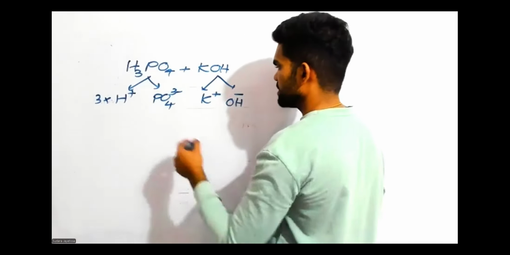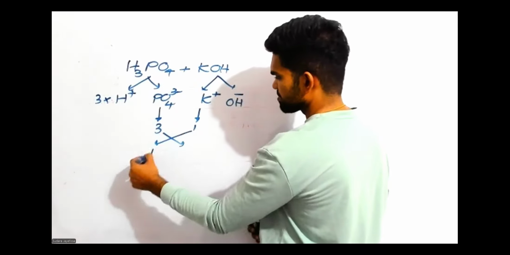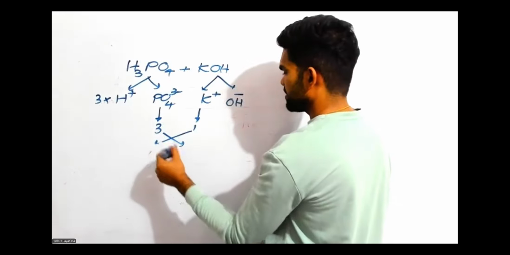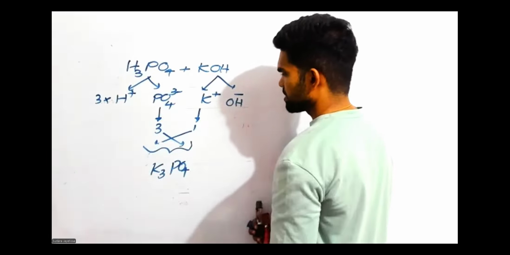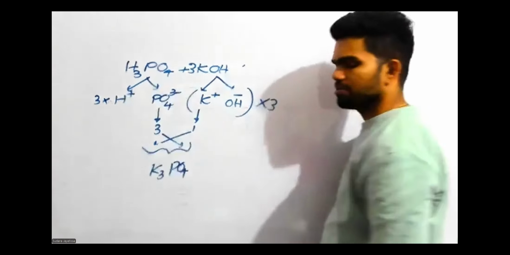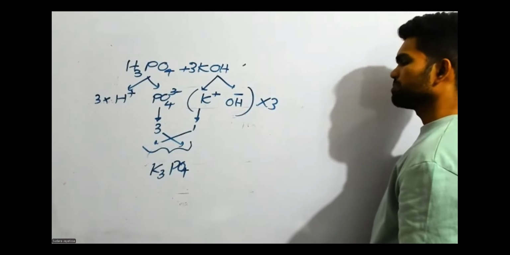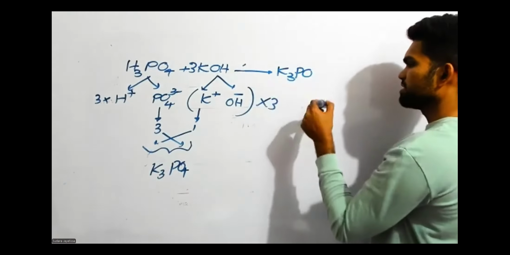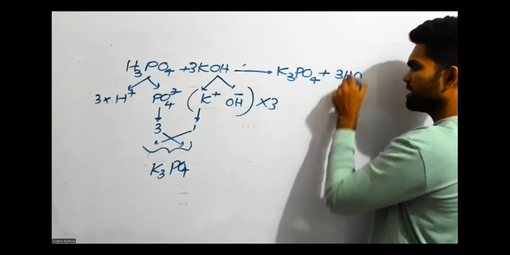Then you need to balance this now. Check the valencies, 3 and 1, then cross them. So when you write the formula, you write K3PO4. That means you need to multiply this one by 3: 3 should be in front of KOH. Then how many water molecules are formed? 3 H plus and 3 OH minus join to form 3 water molecules, 3H2O.